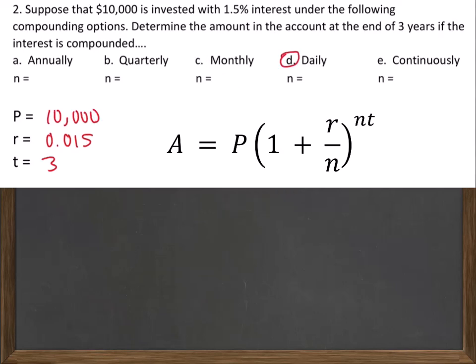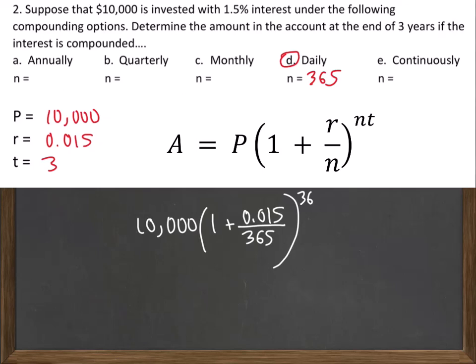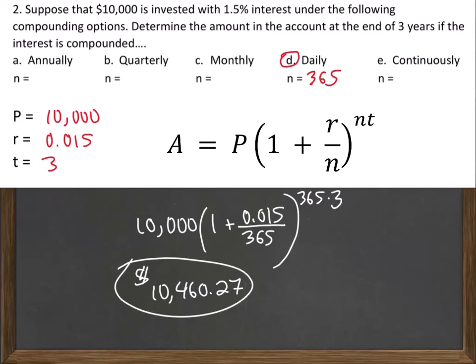So again, that's almost the same. The only difference is our n. Our n is 365 this time. So we have $10,000 times the quantity of 1 plus 0.015 divided by 365 raised to the 365 times 3 power. Okay, and when we evaluate that, we get 10,460.27. So that would be our answer.